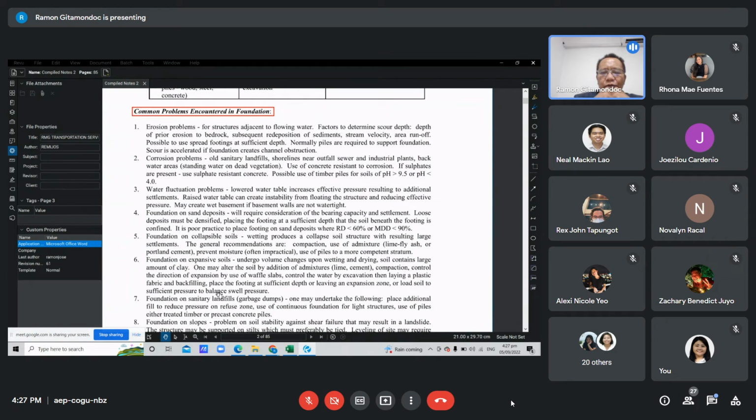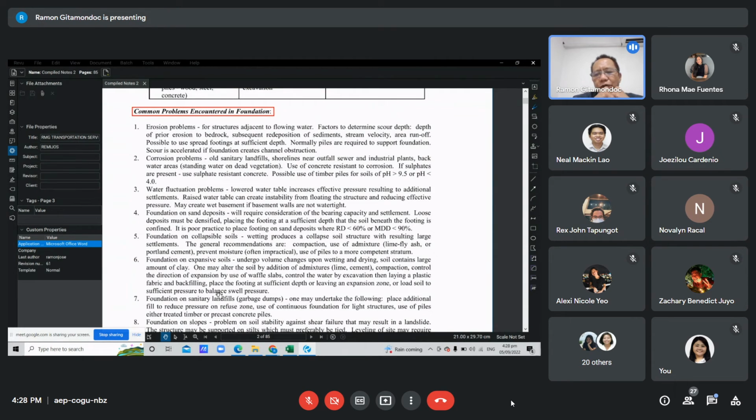We can use compaction, or we can apply admixture, lime, fly ash or Portland cement, or prevent moisture, which is often impractical because it's difficult to really contain the area. Another solution would be the use of piles to transfer the load to a more competent stratum. But again, use of piles is very expensive, and should be considered only as a last option.